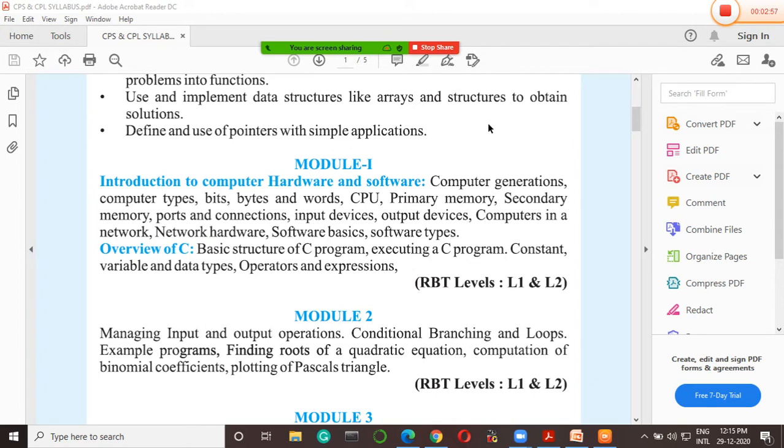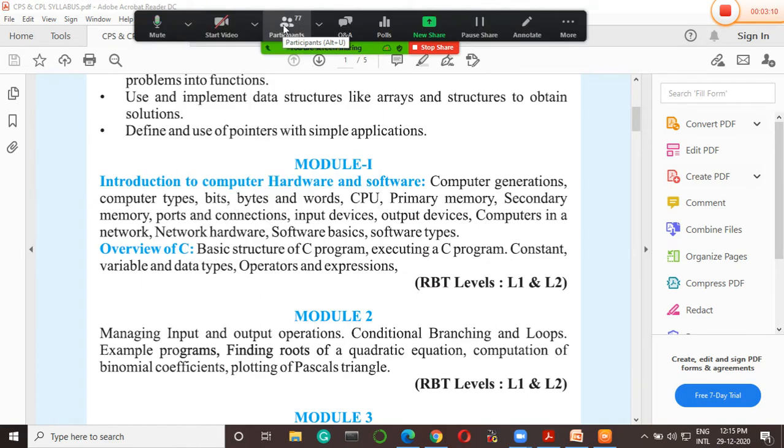And also we will be discussing the various operators most essentially needed to perform various calculations. Like if I want to perform an addition, then I require an operator which is called plus, minus, multiplication, division, modulus.